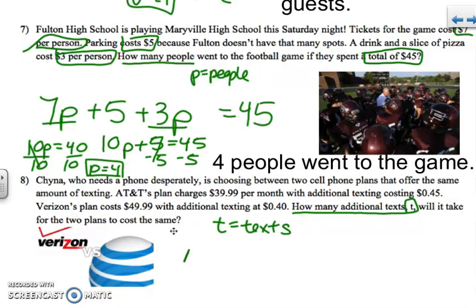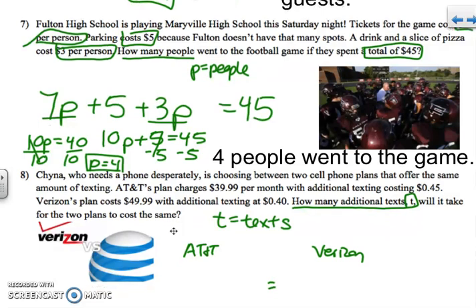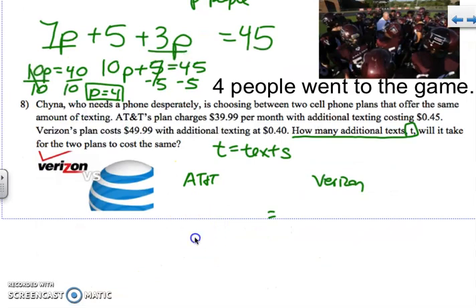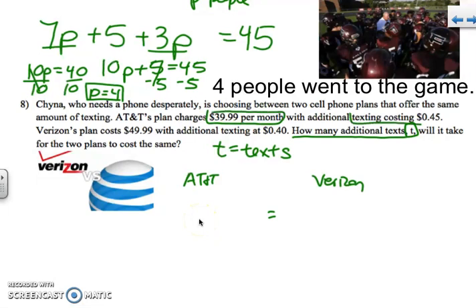So I've got AT&T on one side, and then I have Verizon on another side. So this means I'm going to have a variables on both sides problem. So let me come up with AT&T's equation. So they had $39.99 per month, and then texting was 45.